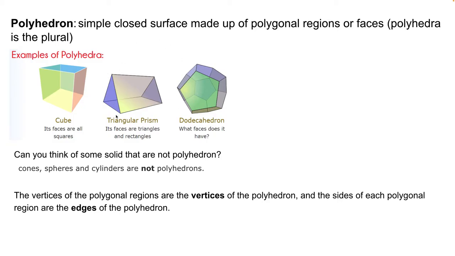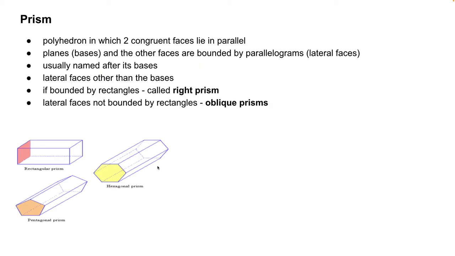And the sides of each polygonal region, so take a look at this triangle, there are 3 sides. These are the edges of the polyhedron. Same for this rectangle shape. The edges here in the polygon are the edges of the polyhedron. Okay, so that makes sense.